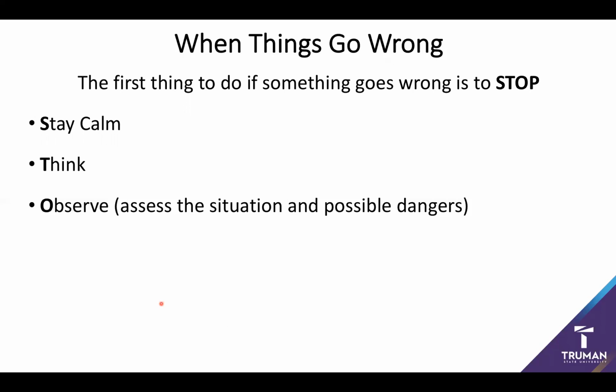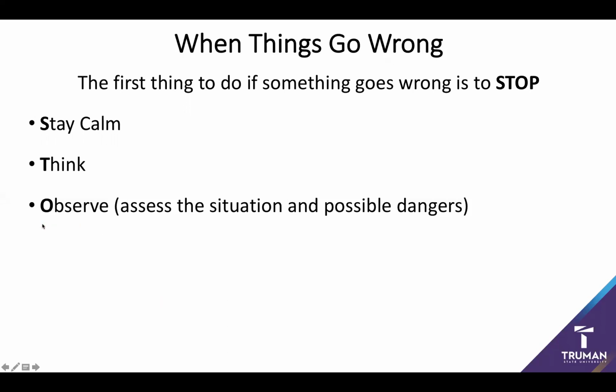For example, if there is a fire in the lab, you should quickly observe where the fire is and where all the flammable materials are that you need to be aware of. If the fire is too close to the flammable materials, your best option is to get away. If it's far enough away from any other ignitable materials, you may actually be able to do something in time.